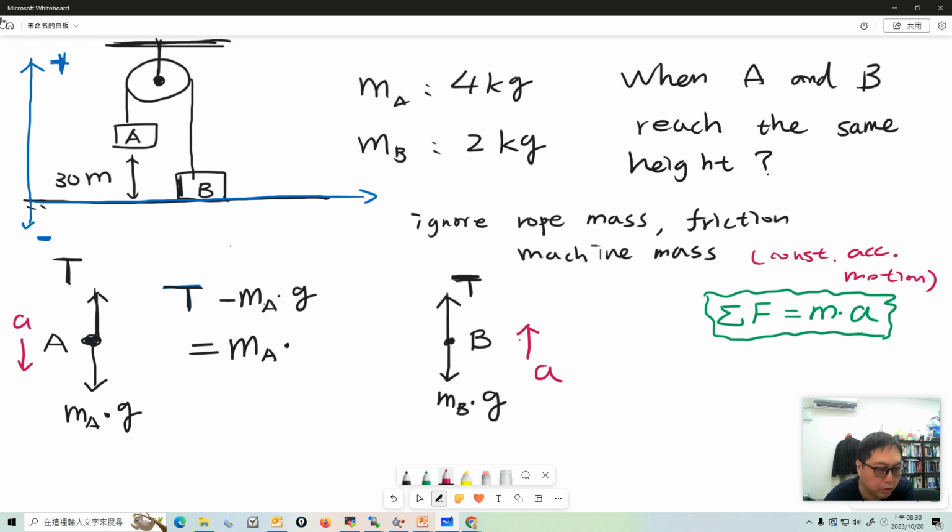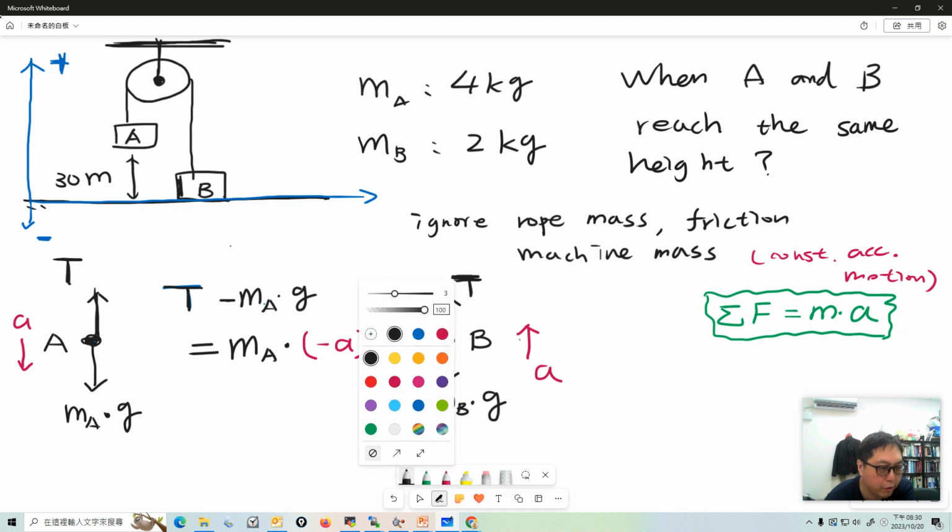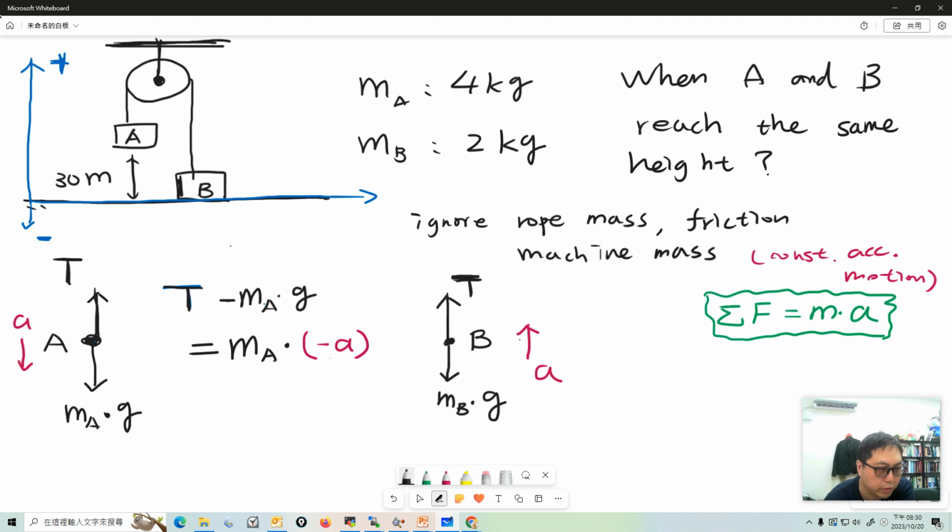For the acceleration, be careful: it's minus a, because the acceleration is going down, so it's negative. Be careful with this negative sign, because if there is no negative sign here, you cannot solve the problem.